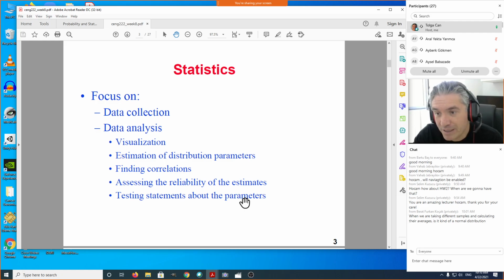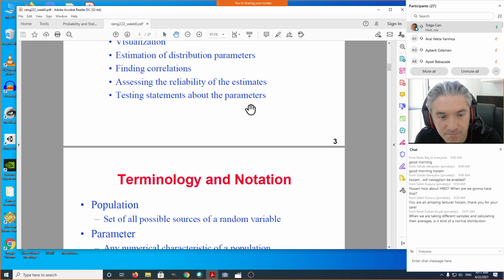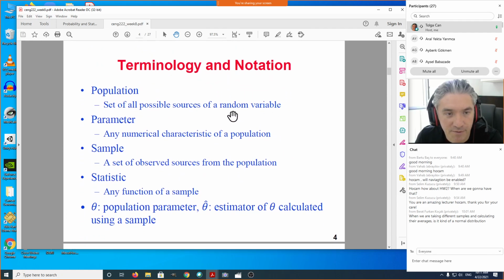So it's going to be about confidence levels, and we'll make statements about probabilities, because what we do is collect sample data, and those samples may have errors in them. That's why in probability and statistics you never talk with certainty about things. You always leave room for some error. So yeah, here's some terminology and notation.